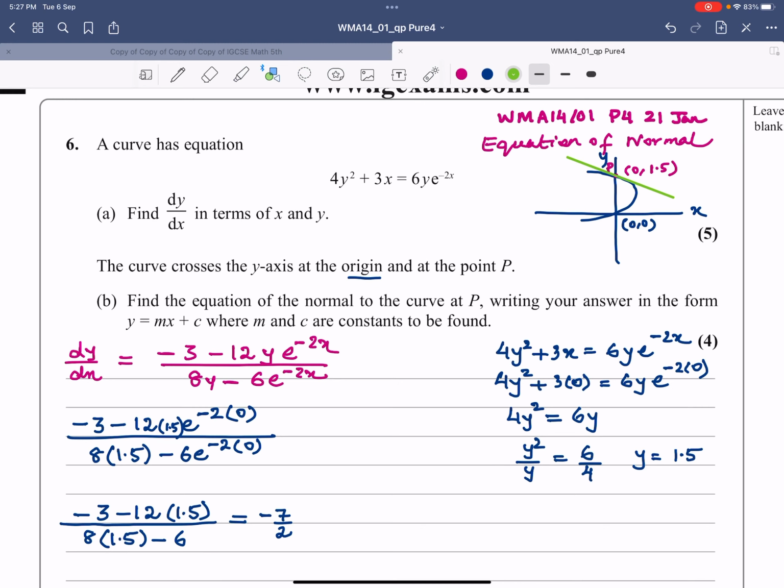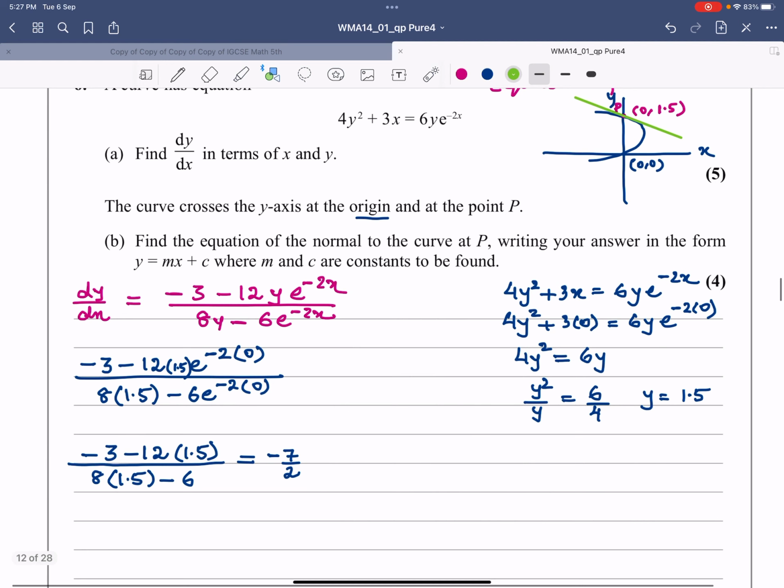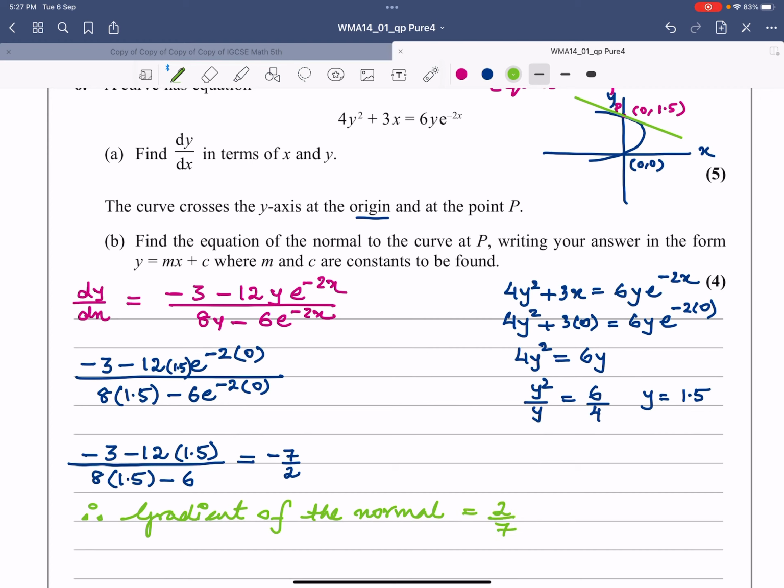Therefore, the gradient of the normal will be the negative reciprocal. So we can write here, therefore, the gradient of the normal is 2/7. So we've got the gradient of the normal.